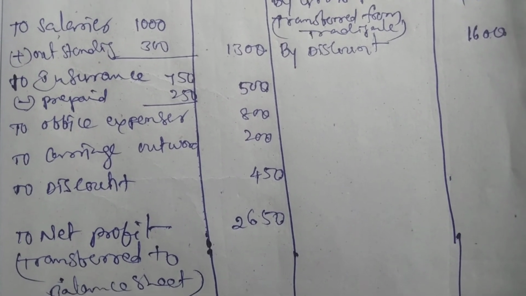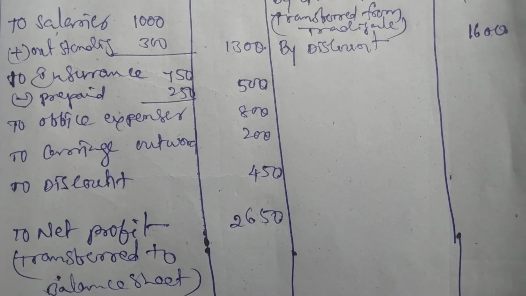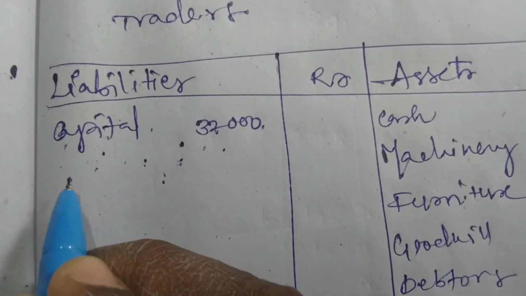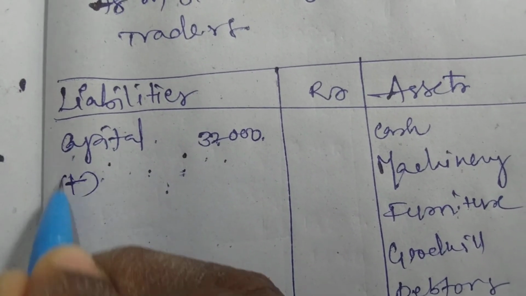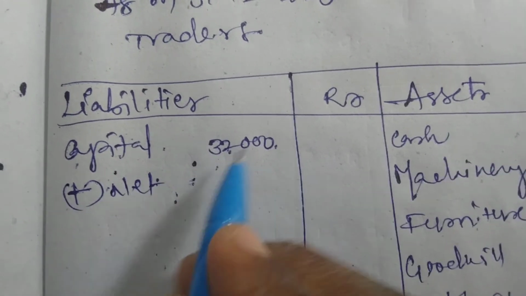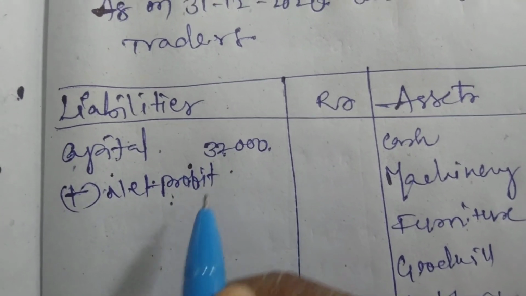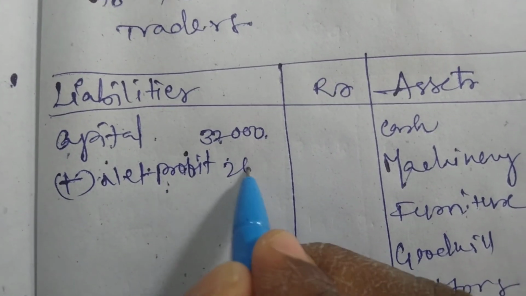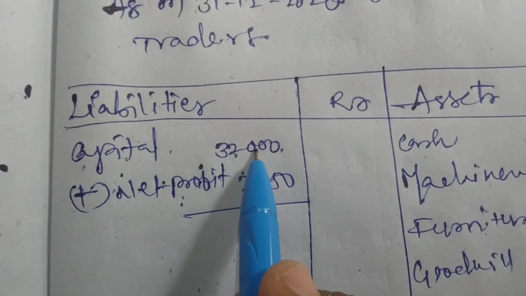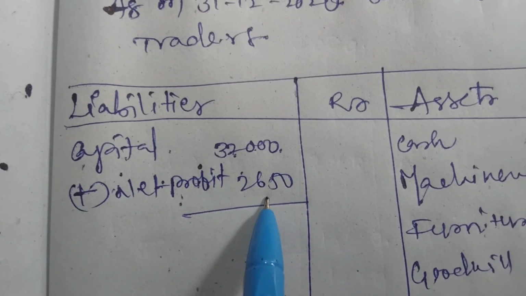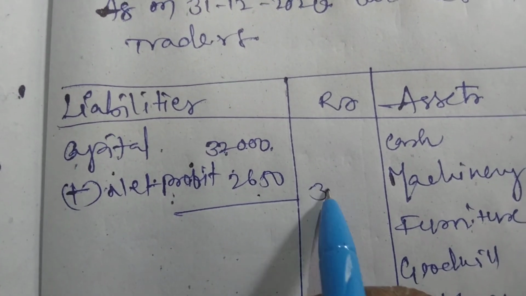Let's go now. Now the 2650 net profit is added to the capital. So to net profit 2650. So that is 32,000 plus 2,650, 32,650.